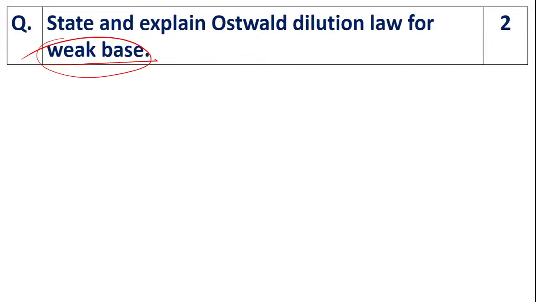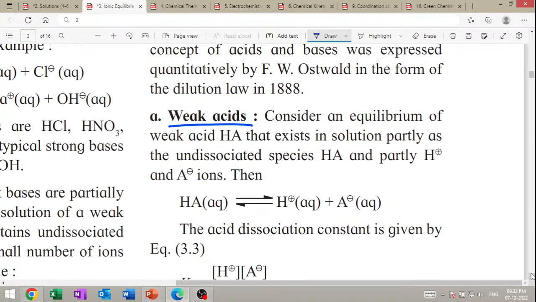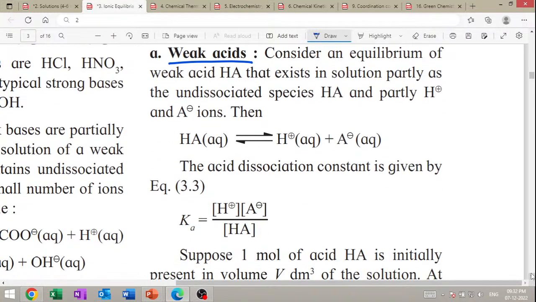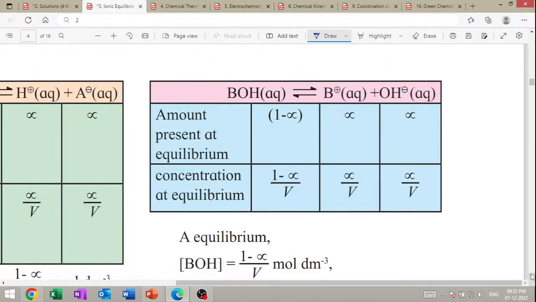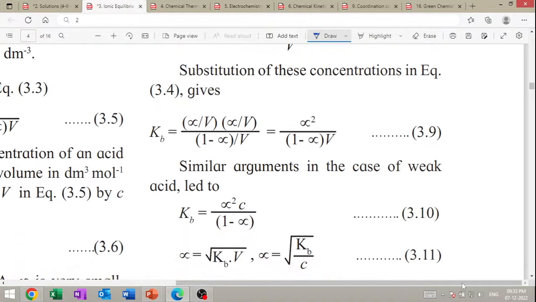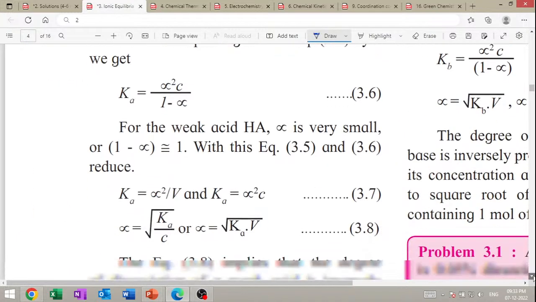This is the Ostwald dilution law for weak acid and for weak base. Then this is the question asked in your examination. Statement important आहे आणि explanation. त्याचं statement at the end दिलेलं आहे, equation च्या end ला.